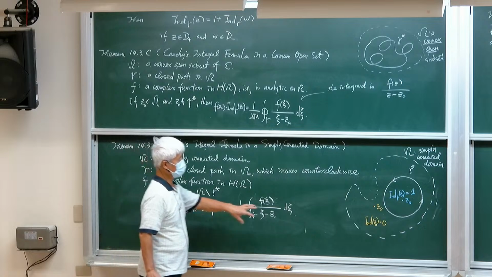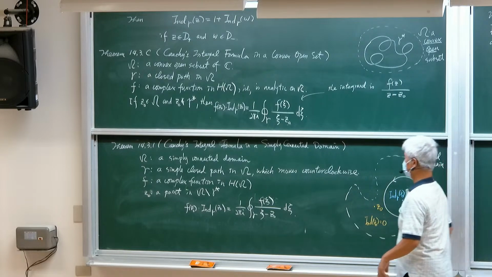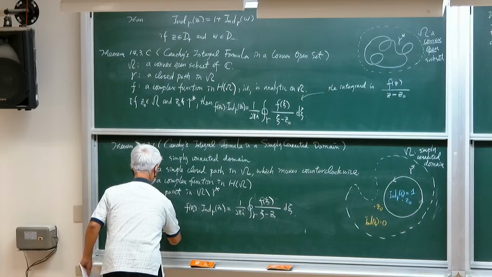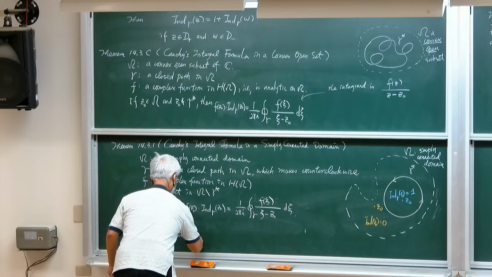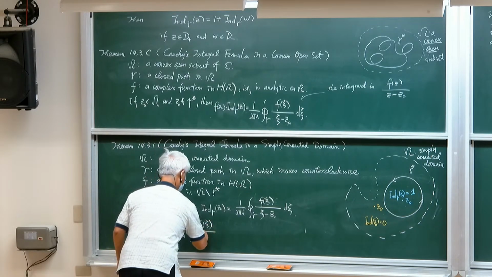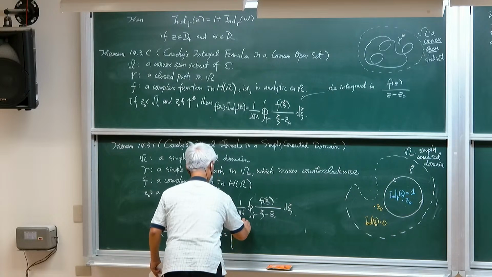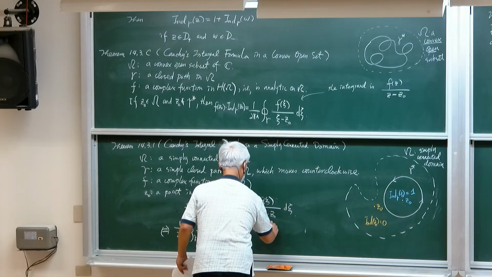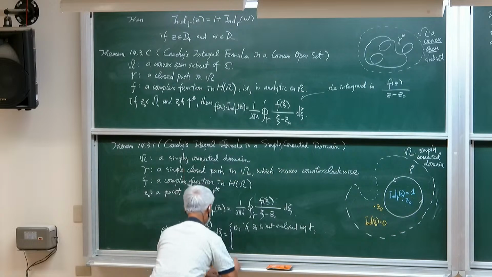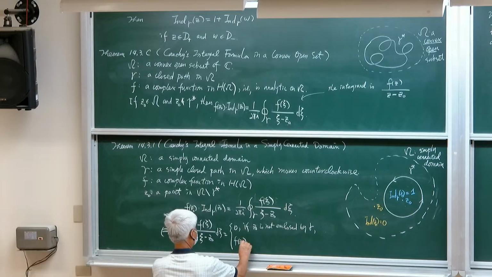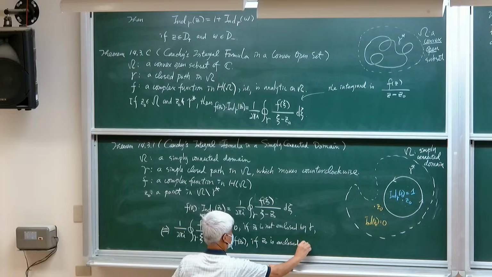But if z0 is enclosed by this one, this is saying that 1 over 2 pi i times the integral over gamma is equal to 0 if z0 is not enclosed by gamma, and it is equal to f of z0 if z0 is enclosed by gamma.